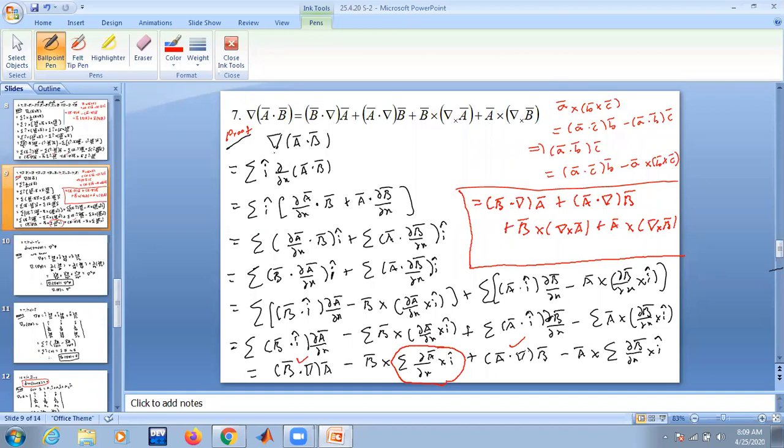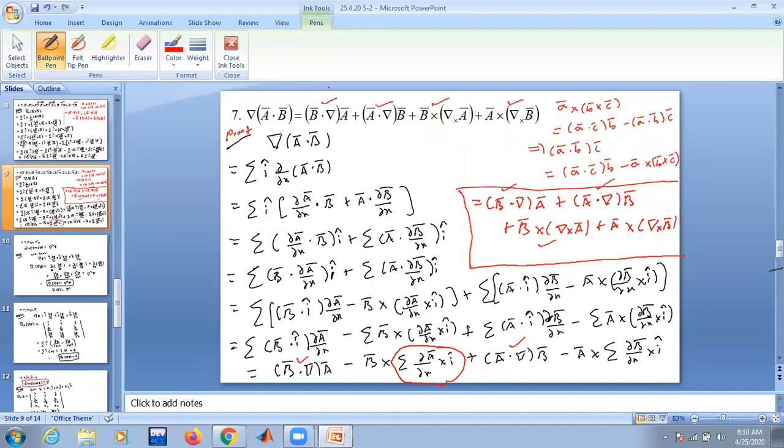So that is what we want to show: B · del of A, A · del of B, B × curl A, A × curl B. Is it okay?